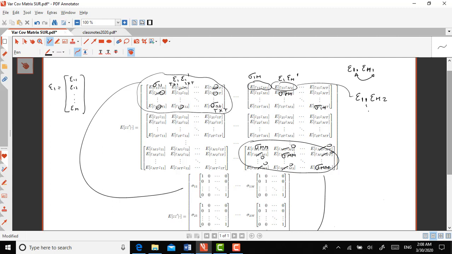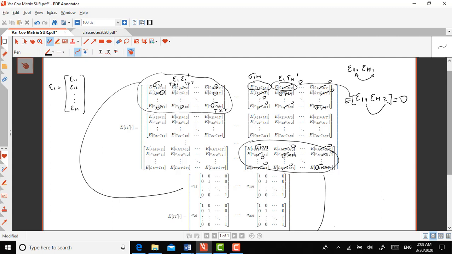Well, here we have the errors for different individuals in different equations. And of course we're also assuming that they are uncorrelated, so that's equal to zero. So again, all the off diagonal elements are zero.